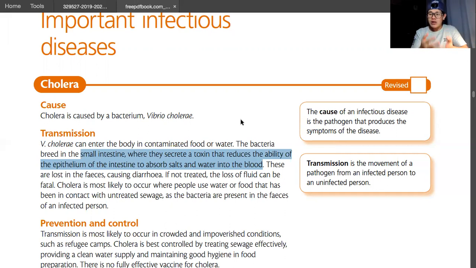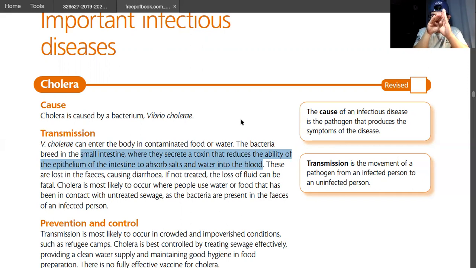So as a result, it'll also mess up your blood water potential. Instead of absorbing a lot of water and salt, it's making your small intestine much more concentrated now because the salt cannot be absorbed.